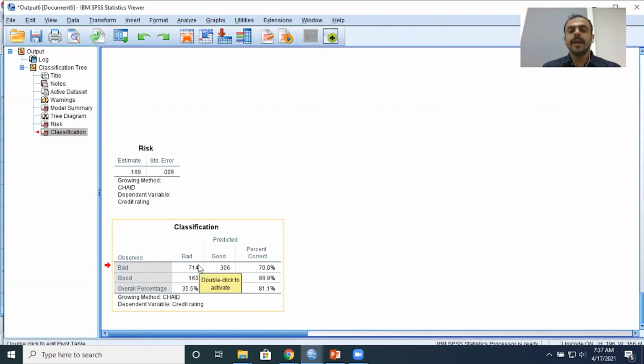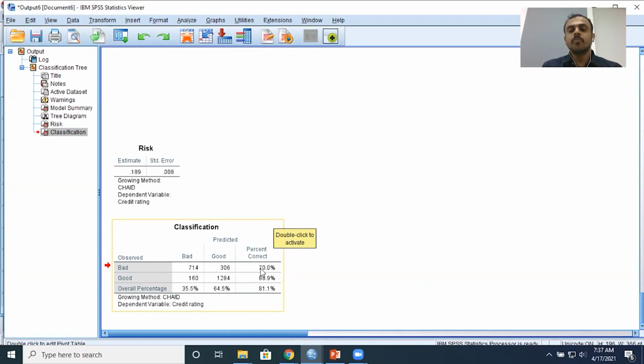Now, what you have to look at is basically the diagonal elements, right? Why the diagonal element? Because the diagonal elements represent the correct classification, and the off diagonal elements represent the incorrect classification, right? Now, bad to bad, observed is bad and predicted is also bad, right?